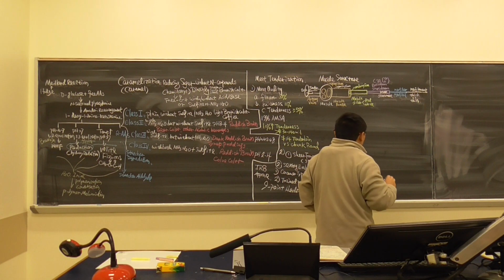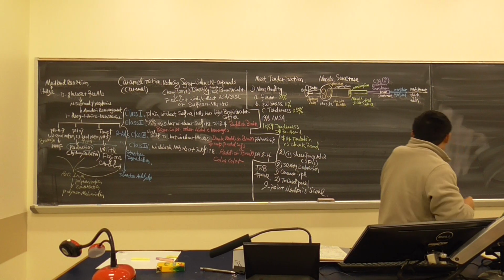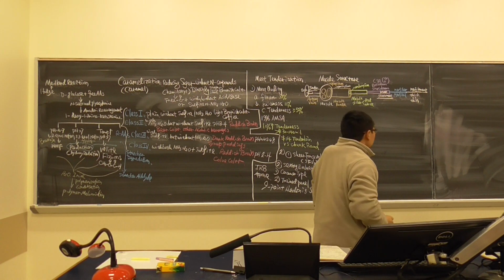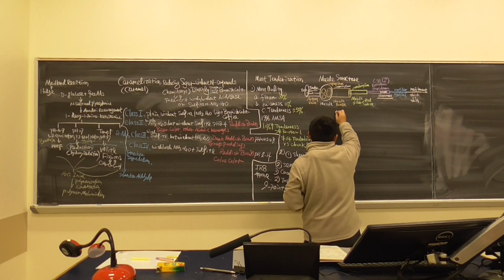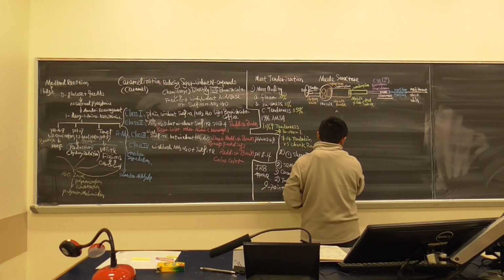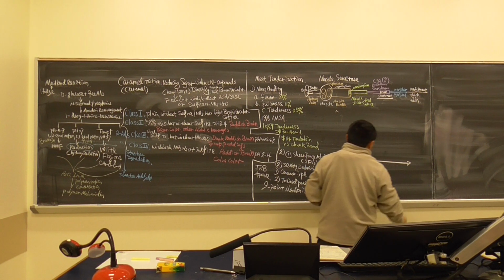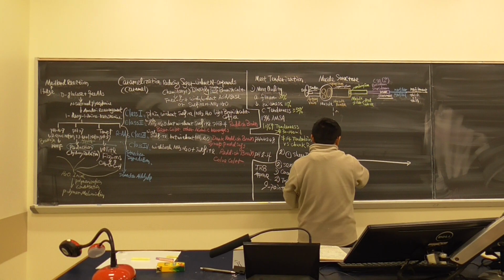Now we want to talk about what we call the microstructure of a muscle. We want to talk about this sarcomere, what it looks like. So when we talk about the sarcomere, let's say this is a sarcomere. Okay? That's one unit. So you're going to draw like this.